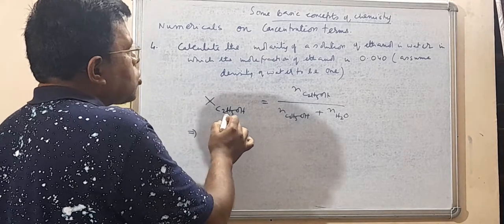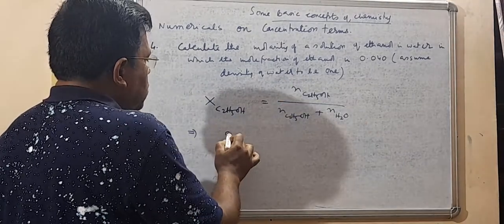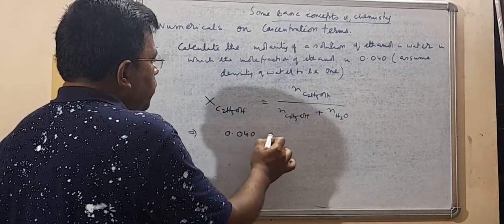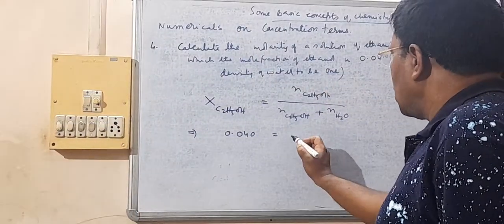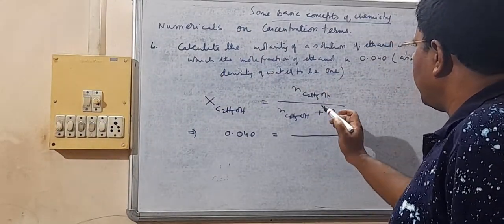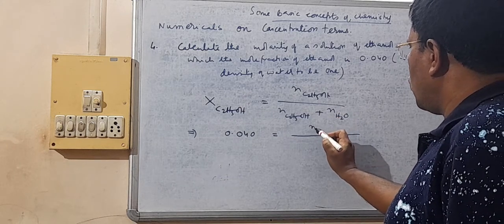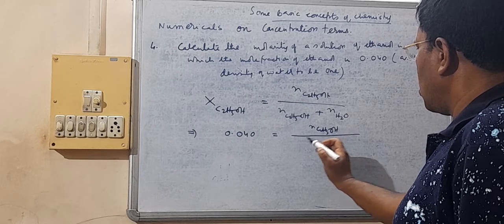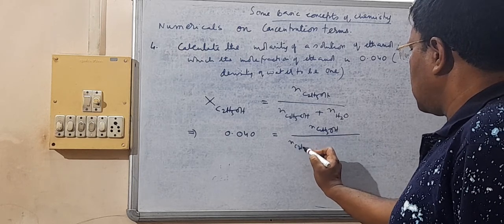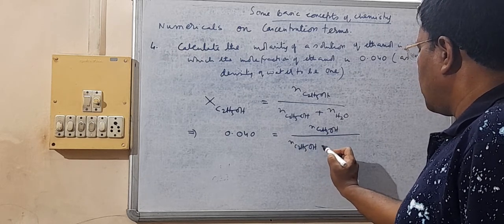So now mole fraction of ethanol is given, is 0.040, and moles of ethanol plus.